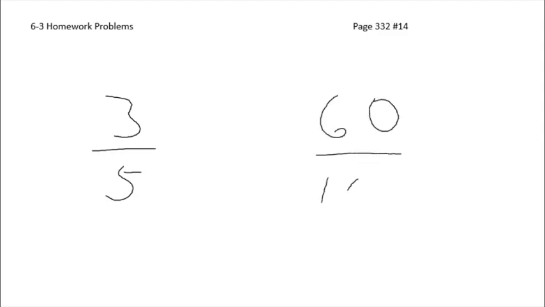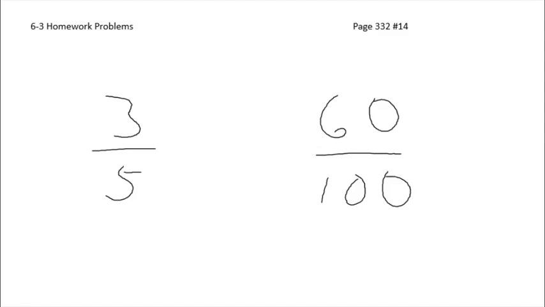So we're going to write 3 over 5, and then we'll write 60 over 100. And what we need to figure out is whether there is a common multiple that can turn 3 fifths into 60 over 100.